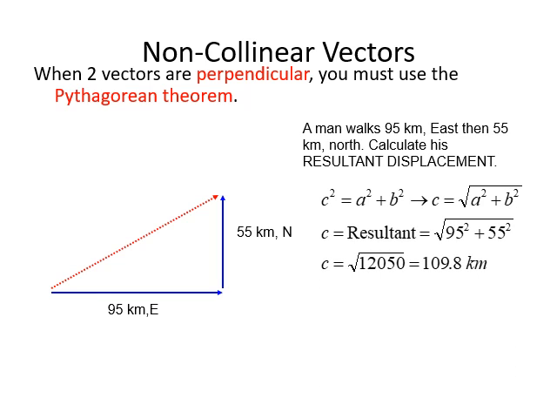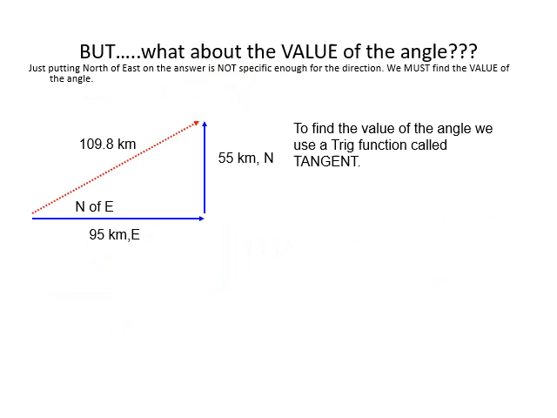So you can also find this resultant just by using your Pythagoras theorem, and that is C equals the square root of a squared plus b squared. So C, the resultant of these two vectors, is the magnitude of the resultant displacement. Once you have the magnitude of the resultant, you can also find the direction of the resultant vector.